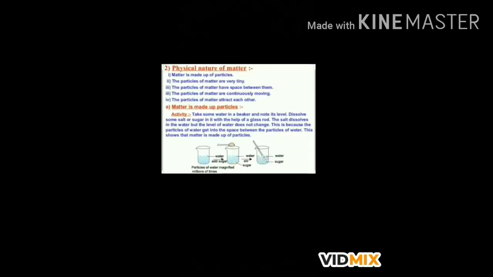Now the answers to these questions we will discuss here. We observe that the sugar or common salt has completely dissolved in water. Therefore, we are not able to see it. It must have spread completely in between the water. This gives us the idea that matter must be made up of particles. The particles of sugar or salt have spread throughout the water.